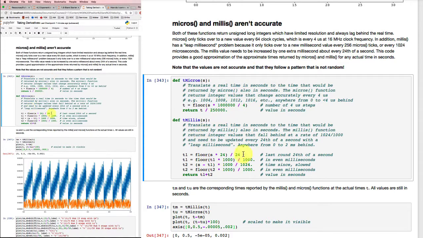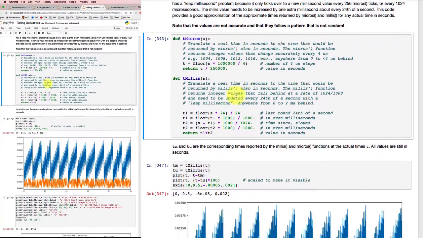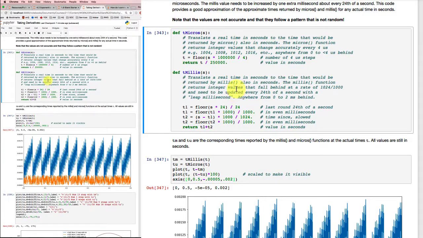So this code here we can use for simulation to see what's likely to come out of that. And this will give us about the same kind of behavior as we actually get out of the real Arduino. So let's just have a look at it. This millis function is taking the time up until the last round 24th of a second.